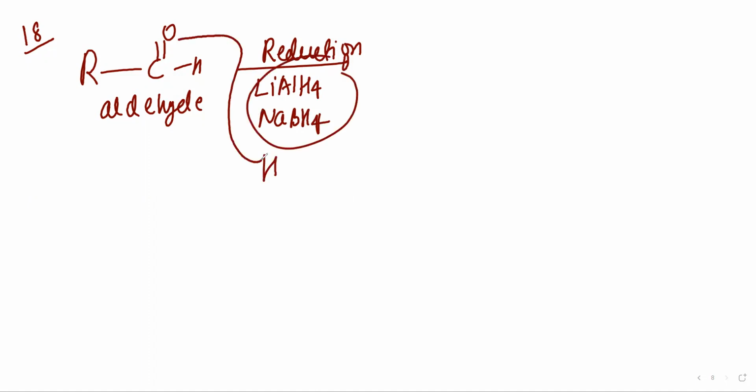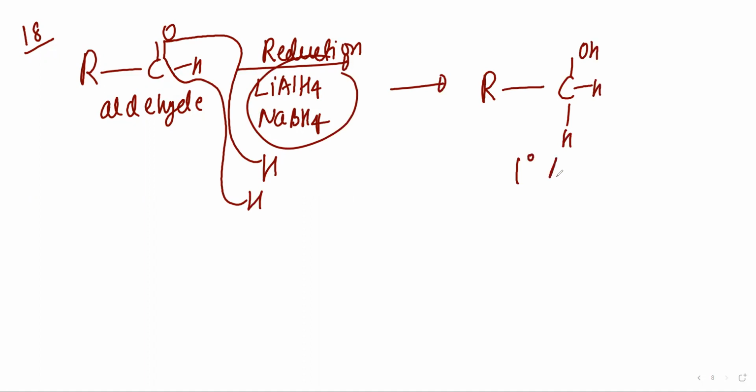So one hydrogen will be added here and one hydrogen will be added here. So it converts into alcoholic form, RCH2OH. So this is 1-degree alcohol, right? So option A is wrong, since it says 2nd-degree alcohol. It produces 1-degree alcohol. So this is the reduction.